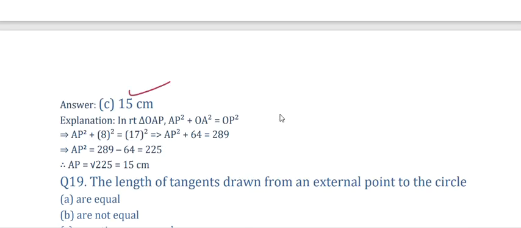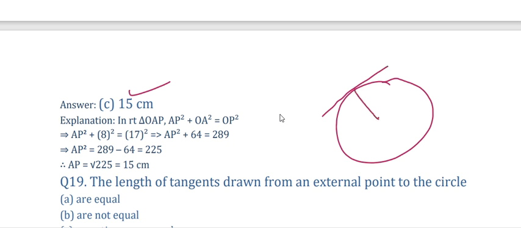This one is your circle and this one you can take as the tangent, right? The point and the center, you can write this one. In the right angle triangle OAP, AP square plus OA square equals OP square, right? AP square plus 8 square equals 17 square, you get 15 centimeter.